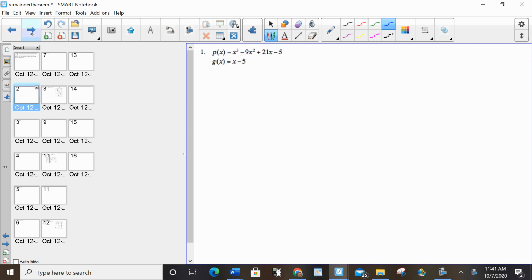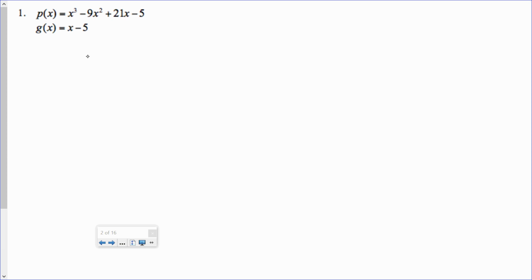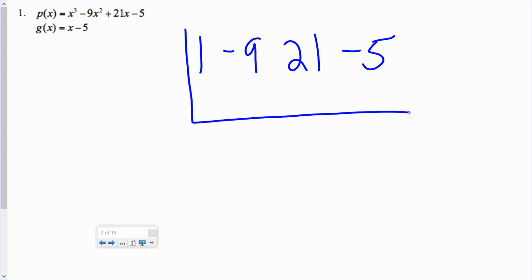So let's start by using what we already know. Let's start by finding the quotient and remainder using synthetic division. So I'm going to list my coefficients, make my big L, put the opposite of what I'm dividing by outside, and then I multiply, add.